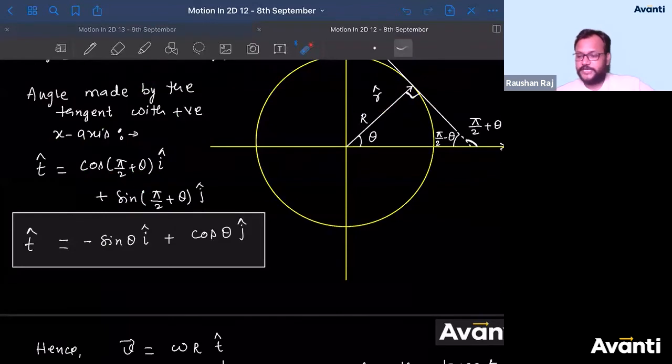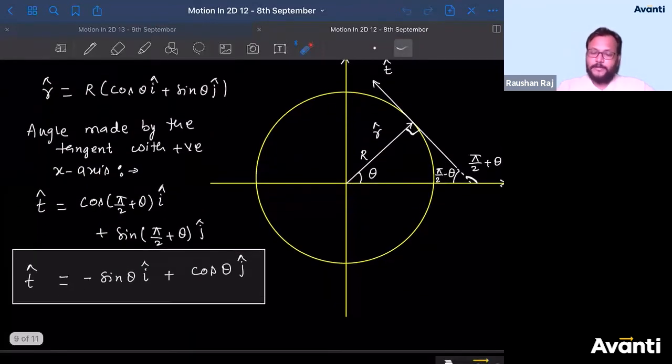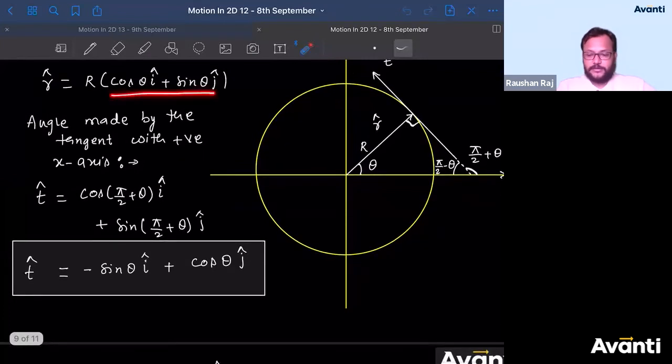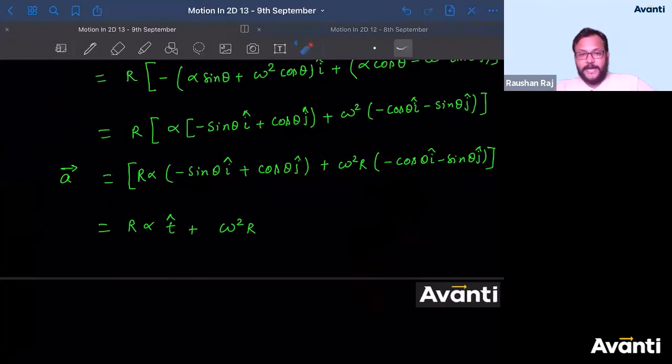It is opposite to R cap, because here we have minus cos theta, minus sine theta.